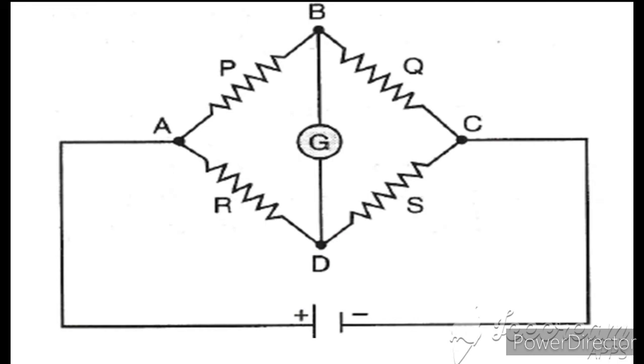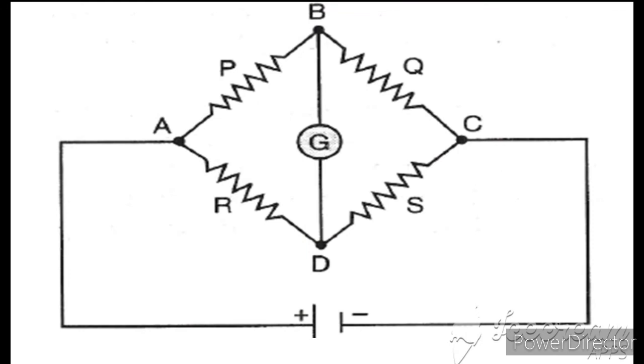Now we are going to apply both Kirchhoff's first rule as well as the second rule. The first rule we apply at this junction and this junction. Then the second rule we apply for the full circuit.